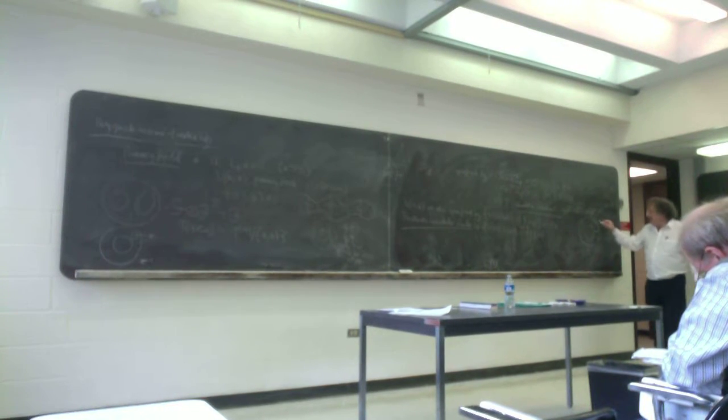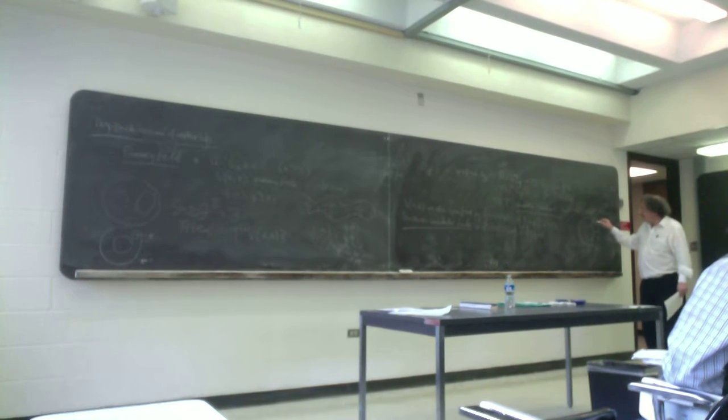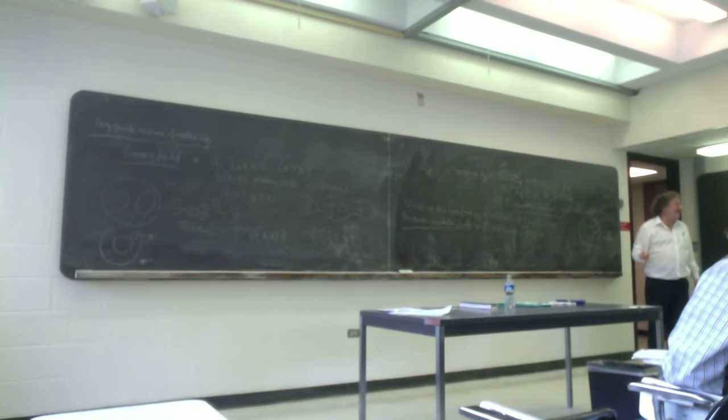Well, the point is, if you integrate this function, which is rational with no singularities, round here, you get 0 by Cauchy's formula. But, I mean, it's a rational function, so you don't really need Cauchy's formula.